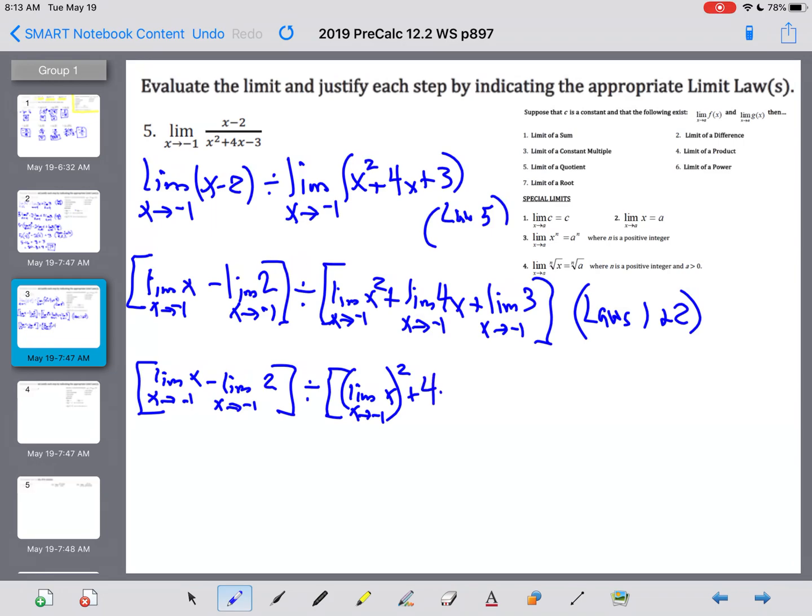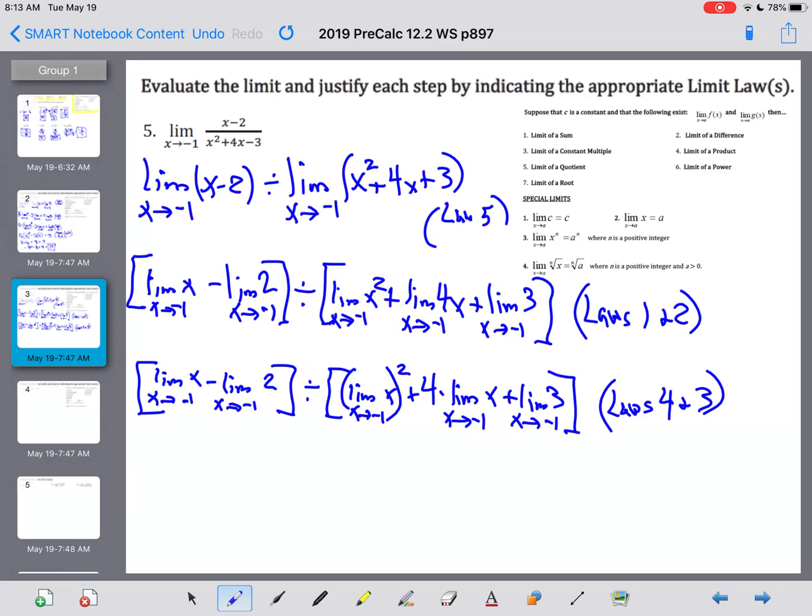I'm going to bring out the 4, the limit of x as x approaches -1. And then I get the limit of 3 as x approaches -1. And again, I did laws. I did the power, so law 4, and I did the constant multiple, law 3.